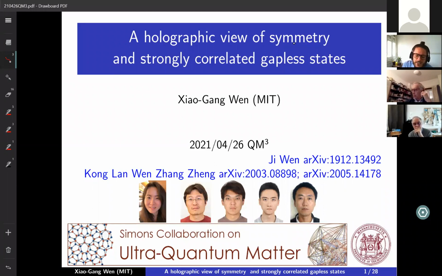Xiao-Gang is a Cecil and Ida Green Professor of Physics at MIT from 2004 to the present date, a Distinguished Moore Scholar at Caltech in 2006, and a Distinguished Research Chair at Perimeter Institute in 2009. Among other honors, Wen is a Sloan Foundation Fellow 2011, co-winner of the Oliver Ellsworth Buckley Condensed Matter Physics Prize from 2017 for theories of topological order and its consequences in a broad range of physical systems.